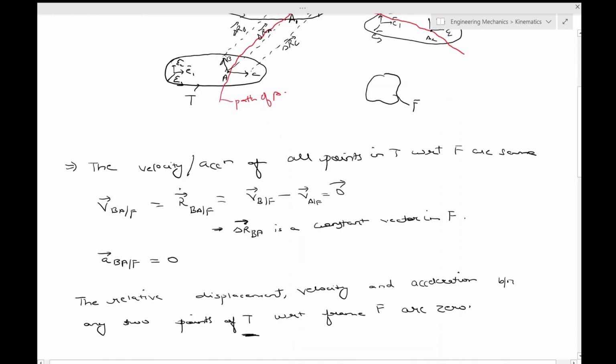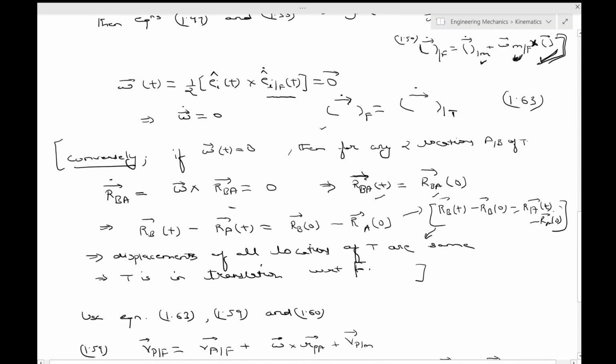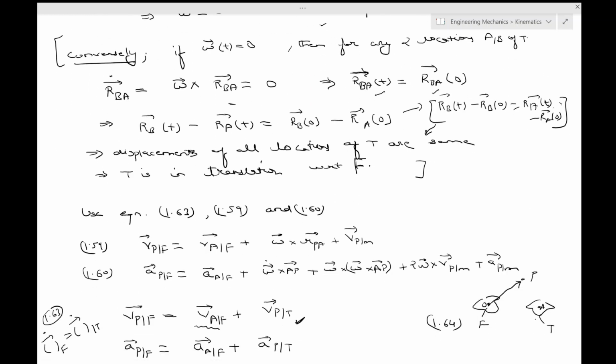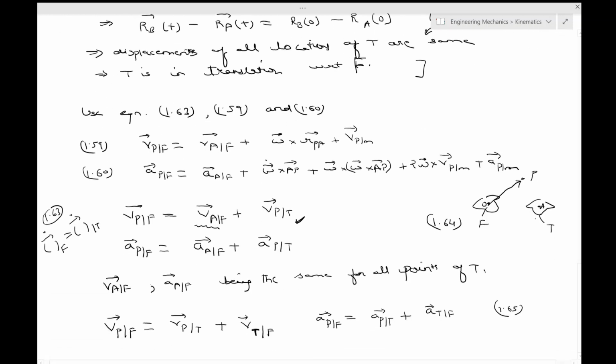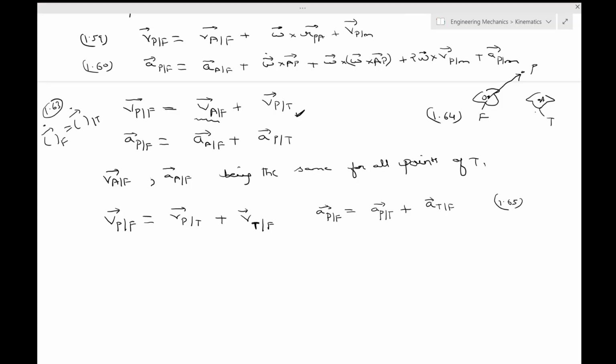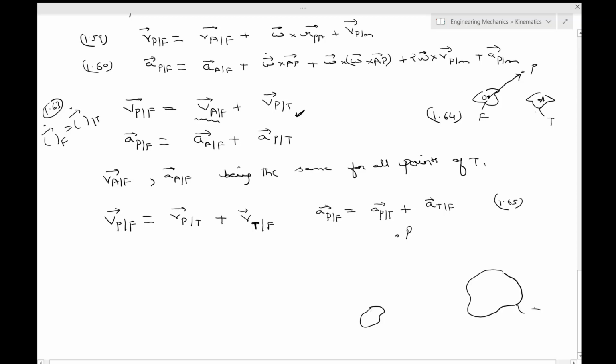Let me now come back. Let me draw another figure over here. Frame F, P, and this is the T frame, this is the F frame.